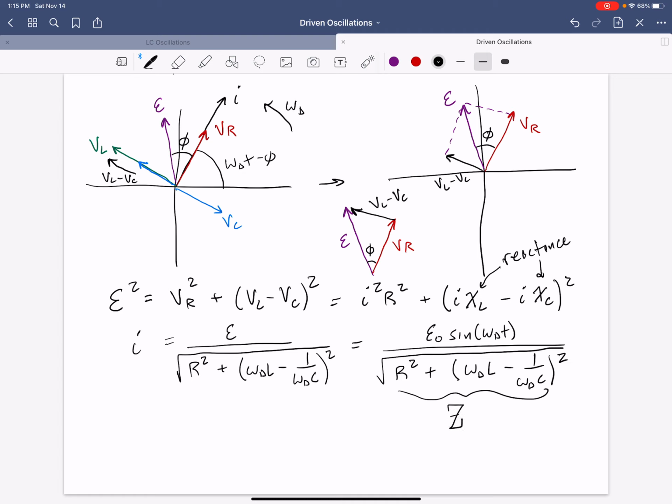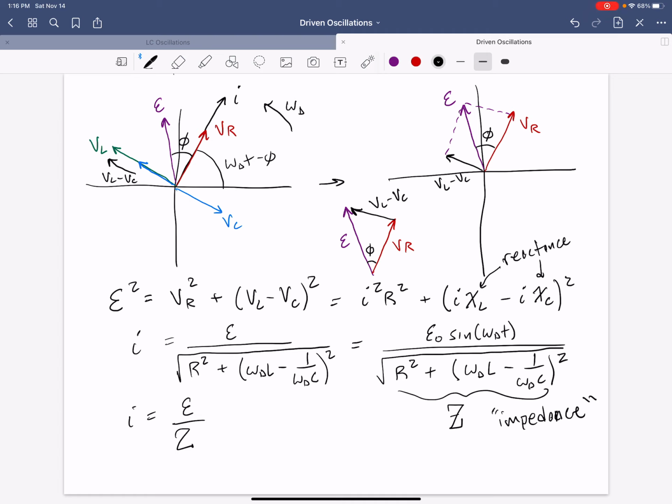We call it Z, or zeta, which is called the impedance. Impedance effectively means the total complete resistance plus reactance. It's the total hindrance to the current flow for an AC circuit. So effectively, we have that, and that's our value for the current.